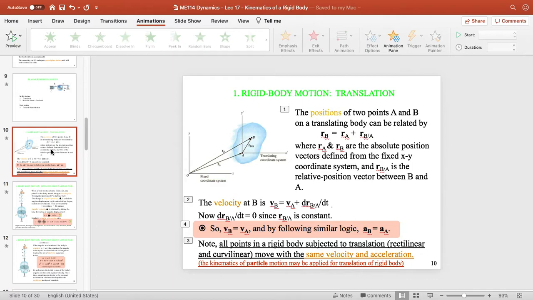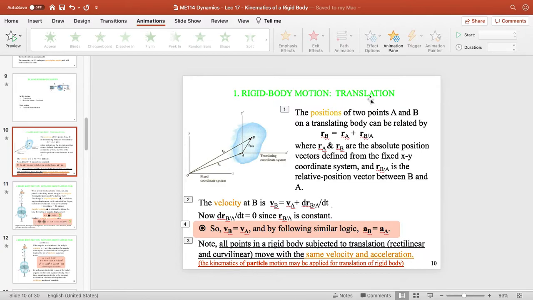Normally we just choose the center of mass and represent the motion of the entire body using the motion of the center of mass. Why? Because under translation all of the particles have the same velocity and acceleration. So this was the case when we have rigid body translation, when the rigid body behaves like a particle.